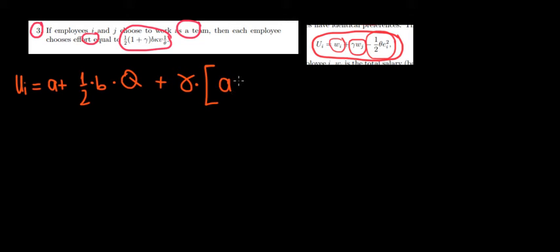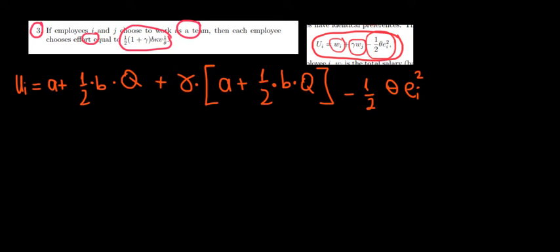So we'll have the utility of one individual, which is equal to the wage, which is A plus 1/2 times the bonus of the production, so times the quantity, plus gamma multiplied with the wage of the other individual, and the wage of the other individual is also the base plus 1/2 times the bonus times the quantity, and then minus the cost of effort, minus 1/2 theta e to the power of 2.